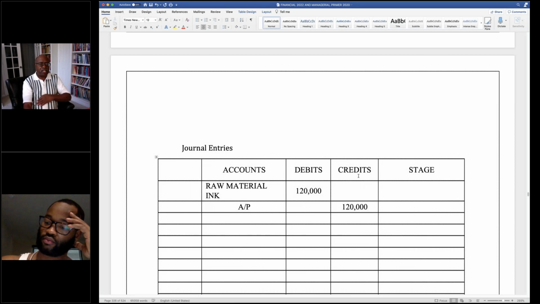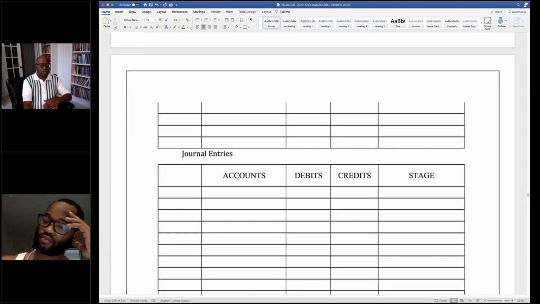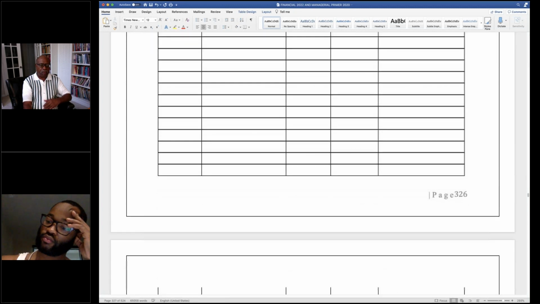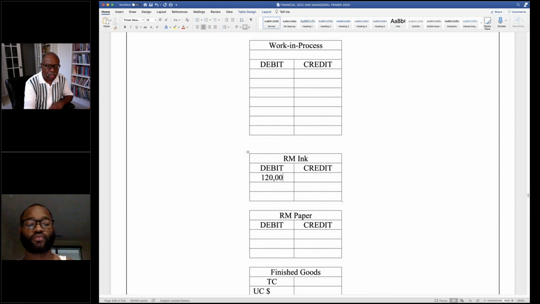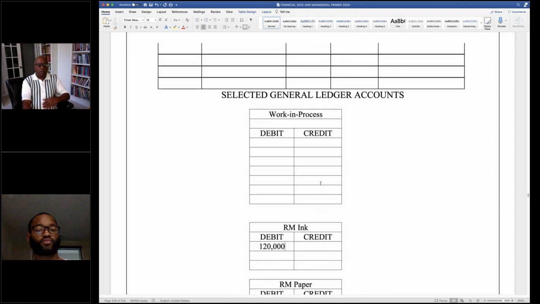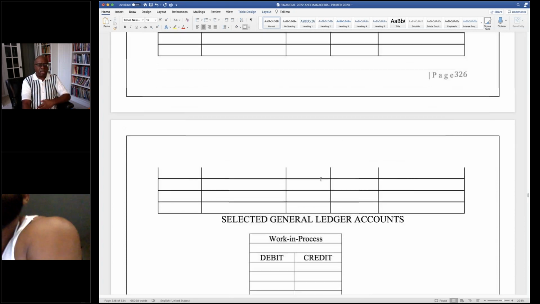I had these stages here to help you out. Once we do this, we go to this raw materials ink account and put the debit in. Post it. We're only posting these selected accounts, so we don't do a complete posting because we're simply working on the overall process.